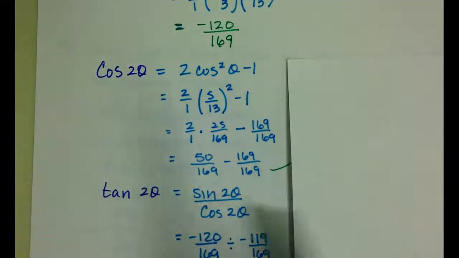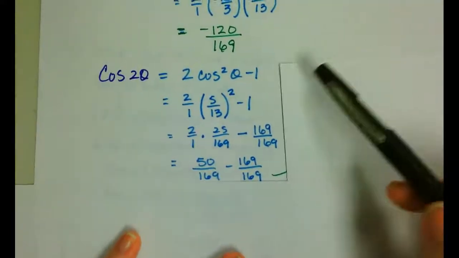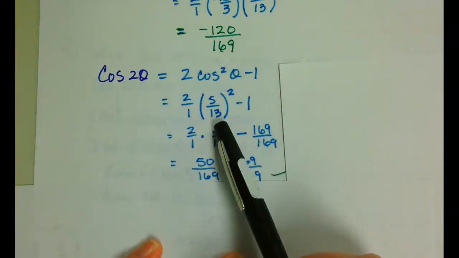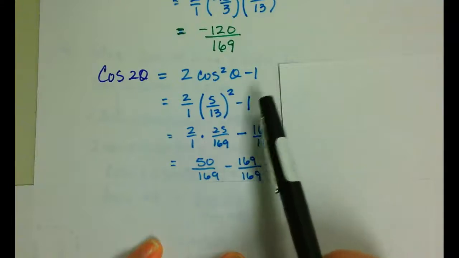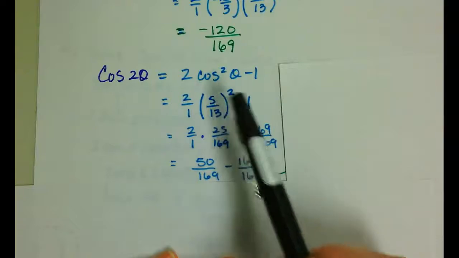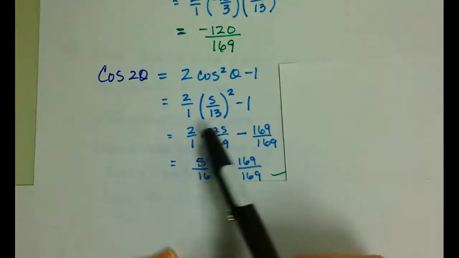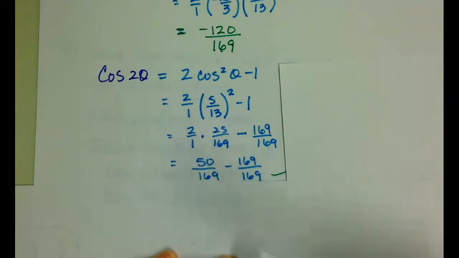So we have 2 from this problem. We have 5/13 is the cosine value in the triangle. So I'm going to square it, and then I'm going to subtract 1. So I know at this point, once I get this cleaned up, I'm going to have to get a common denominator with that. So when I said 5 times 5 is 25, 13 times 13 is 169, I know because 169 times 1 is 169 that my common denominator needs to be 169.